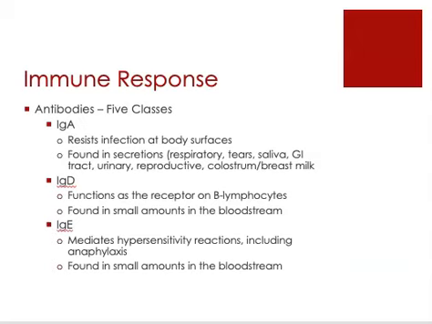And finally, there's IgE, which we do find in small amounts in the bloodstream, but we also find it in other parts of the tissue. IgE is an important antibody primarily because it mediates what are called hypersensitivity reactions or allergic reactions. So IgE is the type of antibody that is responsible for an anaphylactic reaction.